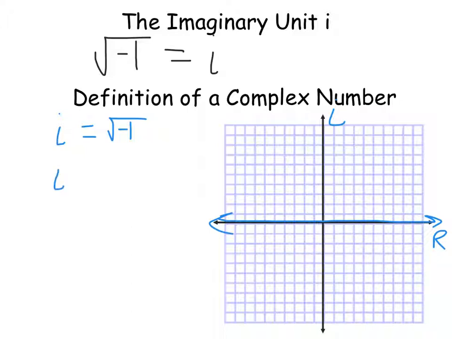A couple other things I want to show you. For example, i squared, which would be the square root of -1 times the square root of -1, or just -1. I put that on the very first slide because this one seems to come up over and over again, that we use the fact that i squared is -1.